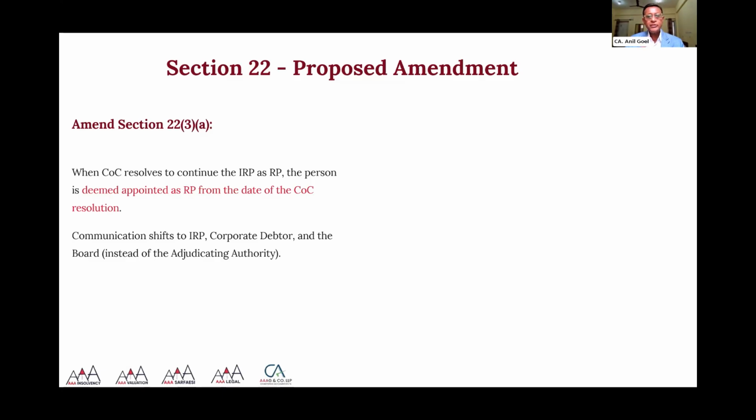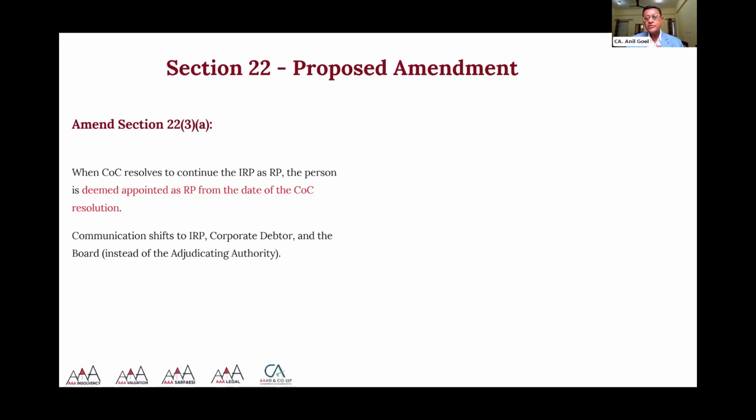So therefore, the communication which was required to be sent to the adjudicating authority would now be required to be sent to the corporate debtor, the IRP, and the board instead of the adjudicating authority. So the adjudicating authority's role and load is a little bit reduced, since the COC has already appointed him as the RP.